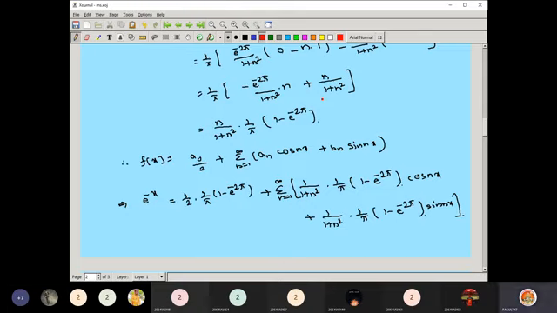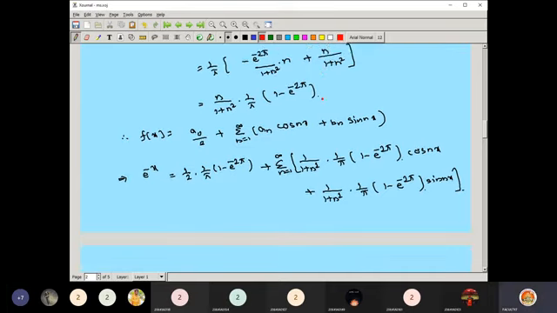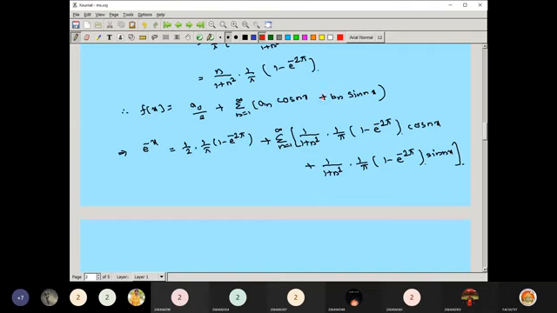Shall I take the next problem? Okay, if anyone has completed this problem, construct Fourier series.